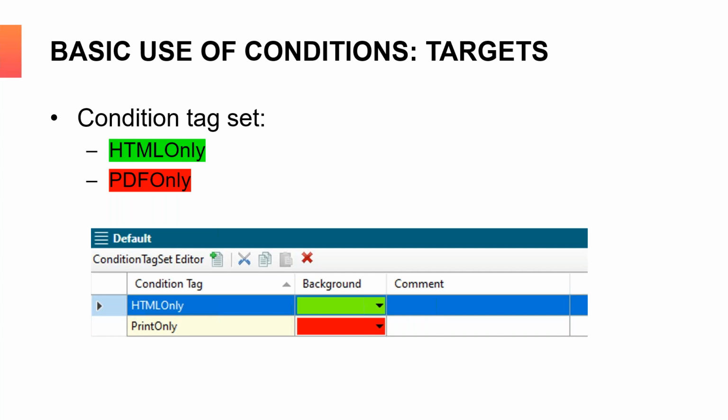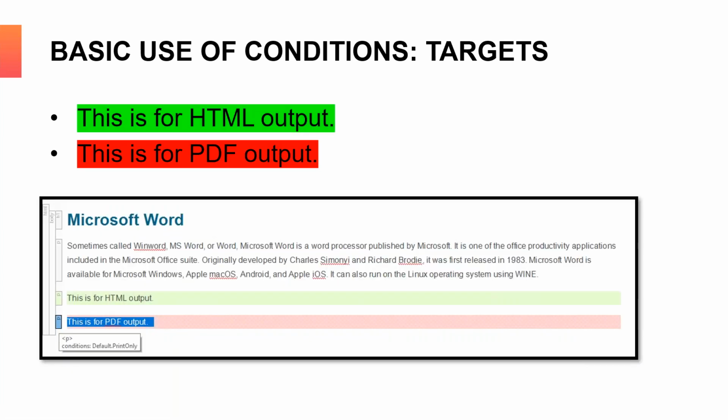I'll start off with the easy bit, obviously. The basic use of condition tags would be based on your target, for example, HTML only or PDF only content. Similar to variables, you define your condition tags in a set in your project settings. So this is an example of HTML only and print only tags, which I can then use in a topic.